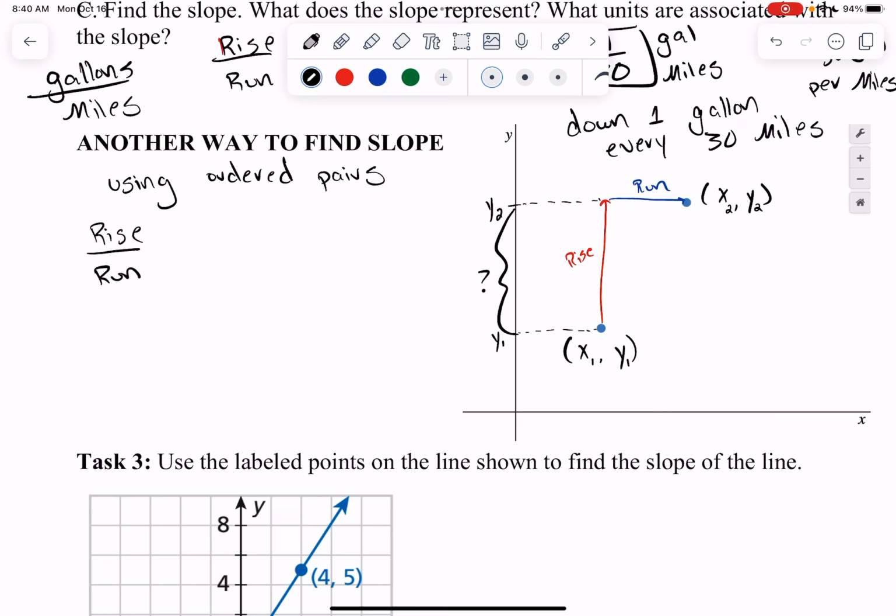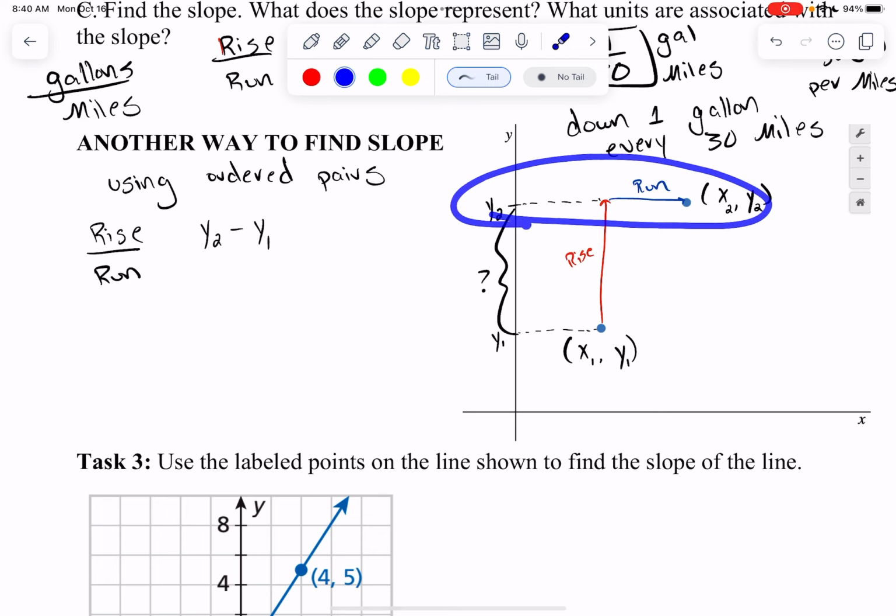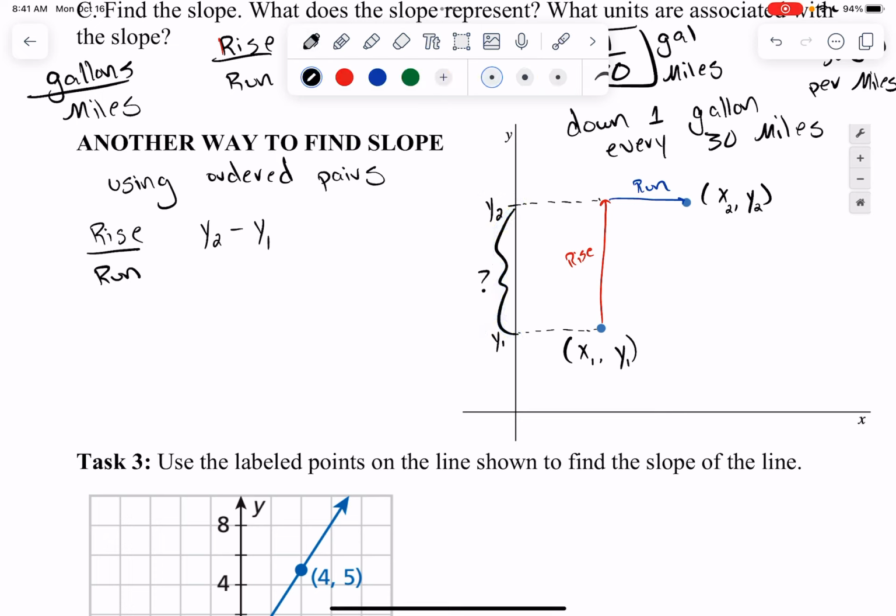I just need to figure out how far apart they are, so I subtract the 2. Normally we take the bigger one minus the smaller one. In this case this one's the top one, but it really doesn't matter which way you subtract. I'm just subtracting this y coordinate from this y coordinate, and that is my rise. Now my run, this would be x sub 1.